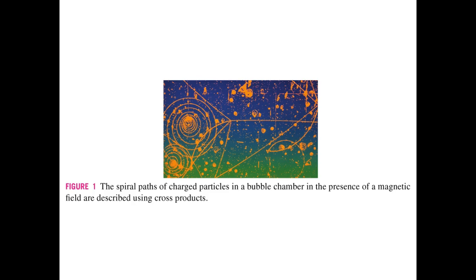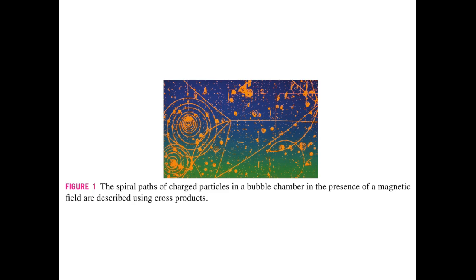And then if you do time-lapse photography on it, you can trace it, especially if you have a way to color it like this. If that bubble chamber happens to be in a magnetic field, a charged particle moving through a magnetic field is going to feel some type of force on it. And that's why you get spirals and bends and things like that.